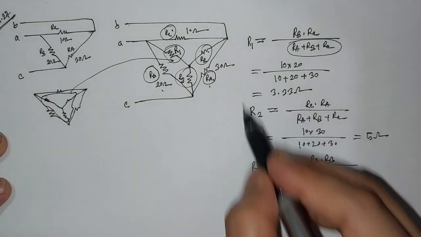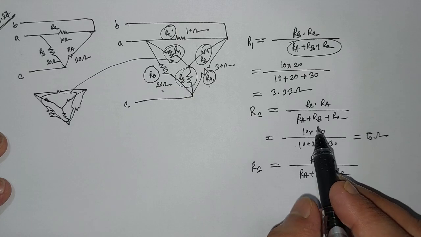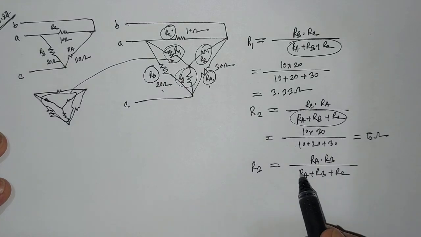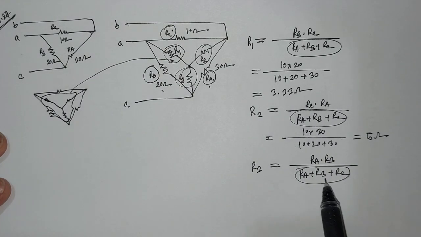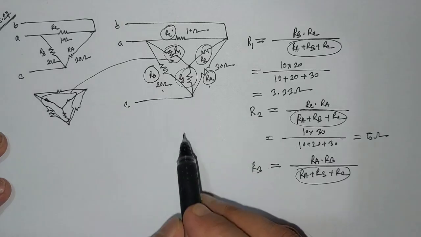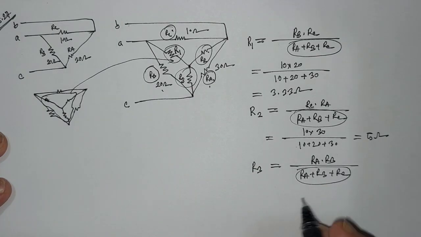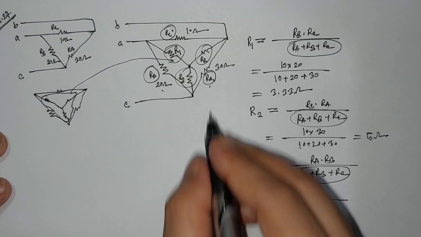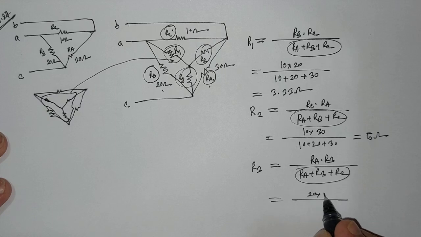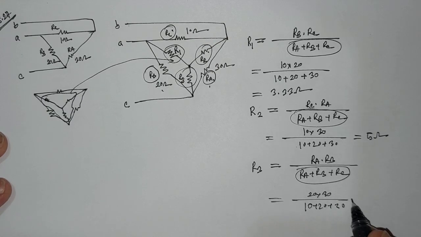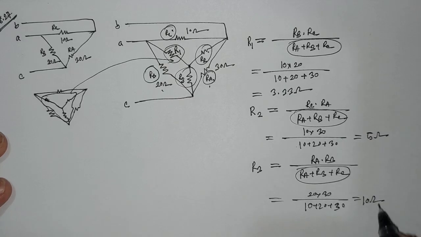For all three resistances, the denominator remains the same, that means the summation of all the delta resistances. If we put the values, 20 multiplied by 30 divided by 10 plus 20 plus 30, is equal to 10 ohm.